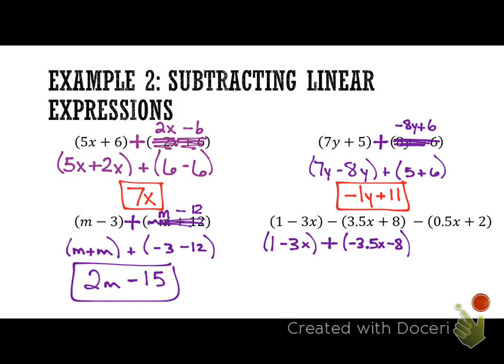I changed my negative to a positive, and I reverse my signs. I'm going to do that again. Plus negative 0.5x minus 2. See what I did there? Now group your like terms together.